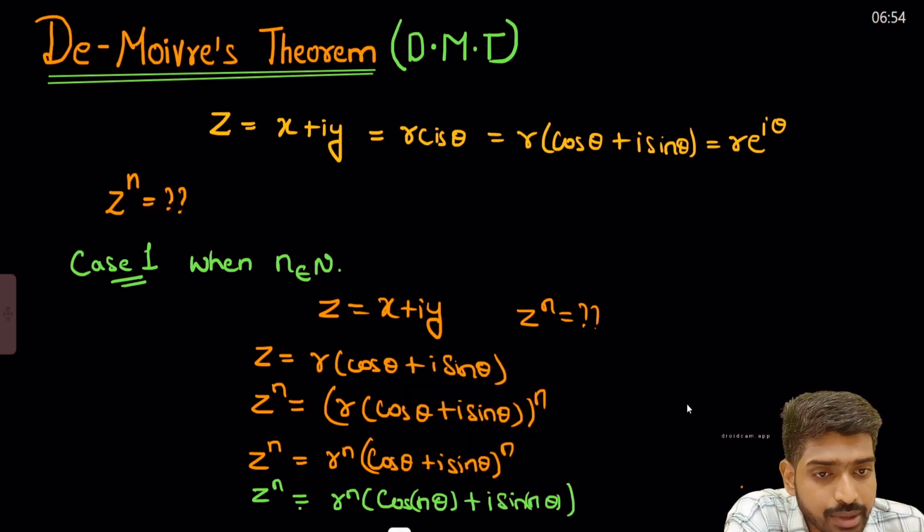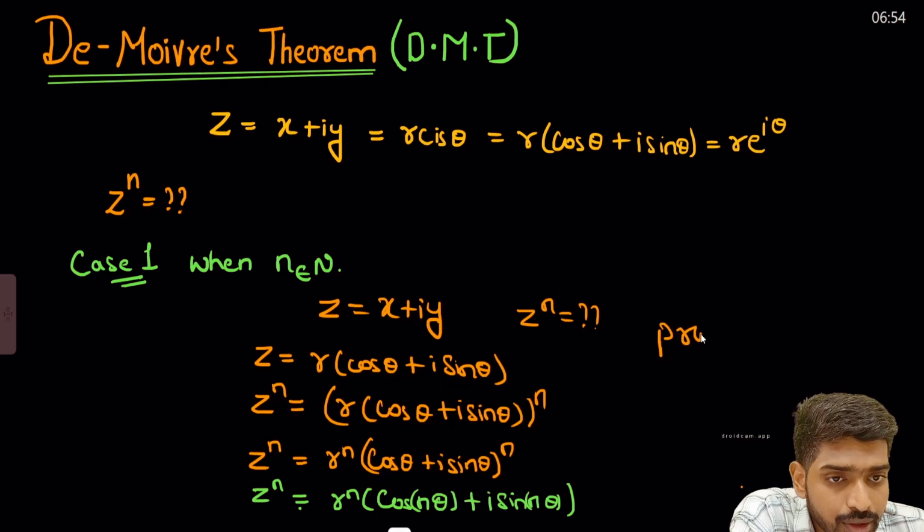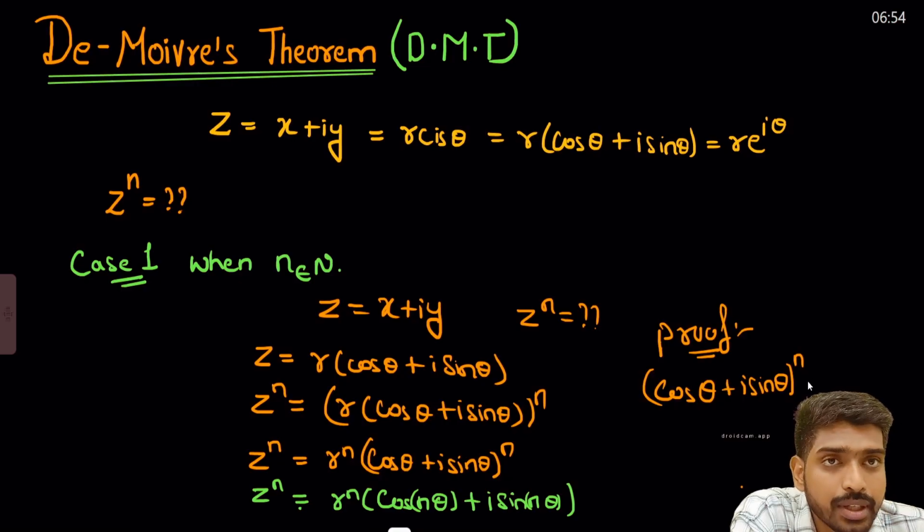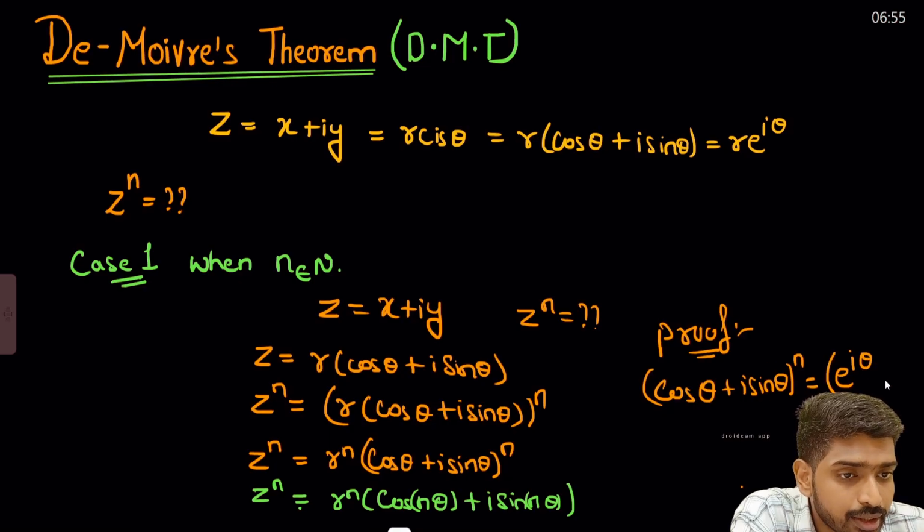How is it happening? For this, let me show the proof. See, cos theta plus iota sine theta to the power n. Cos theta plus iota sine theta I can write as e to the power iota theta in Euler's form, right? And this whole to the power n. Understood?